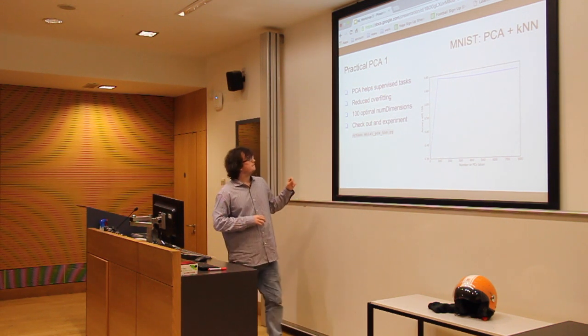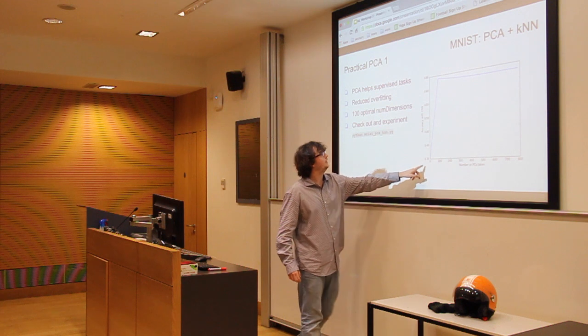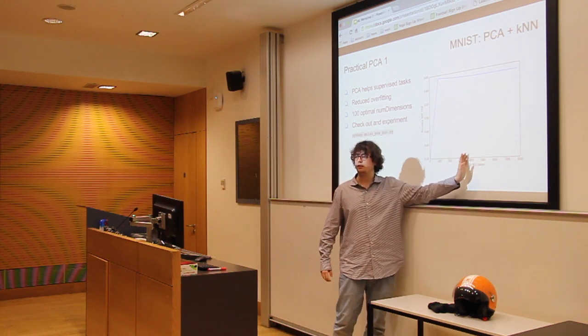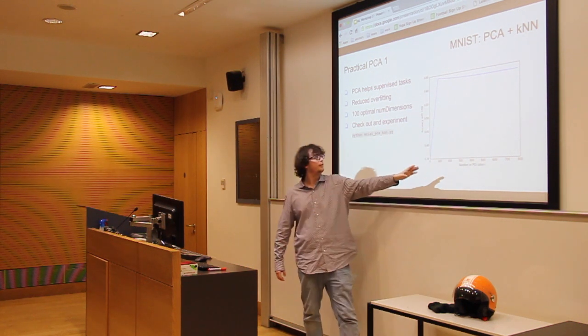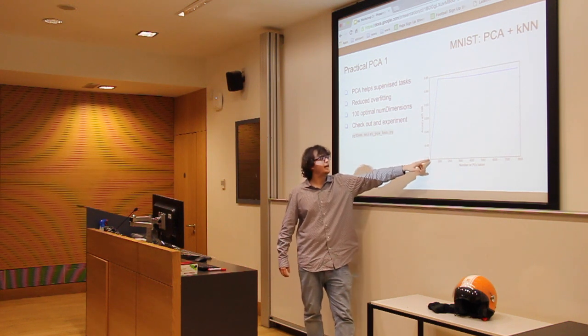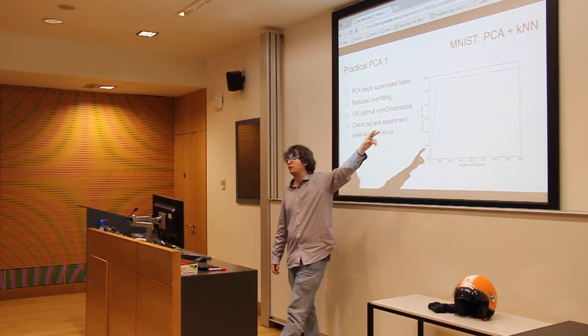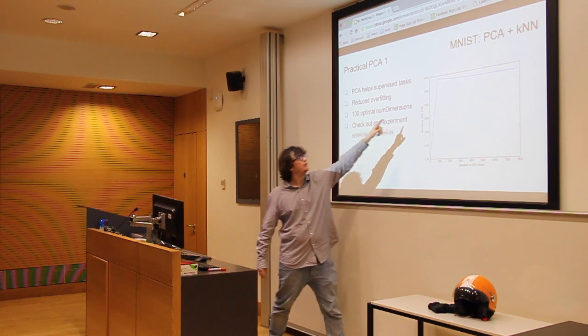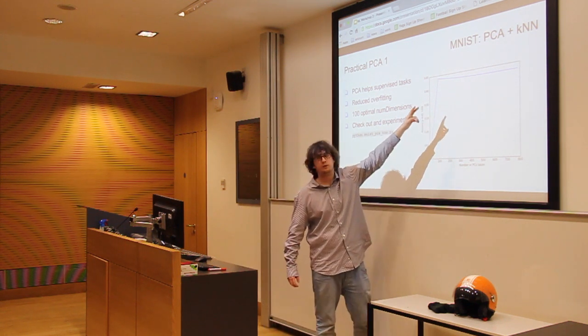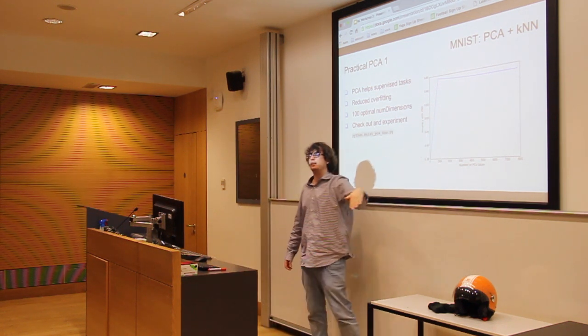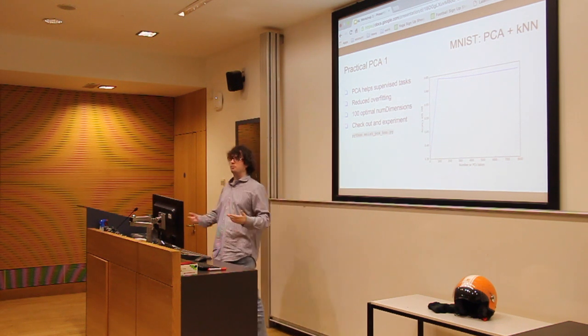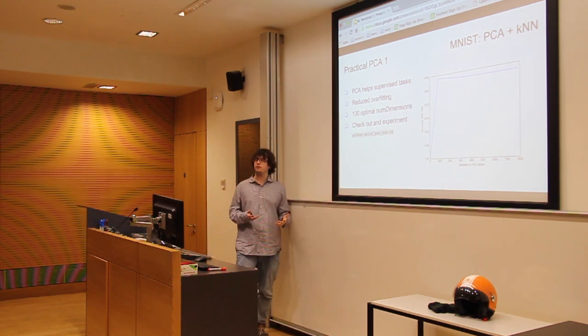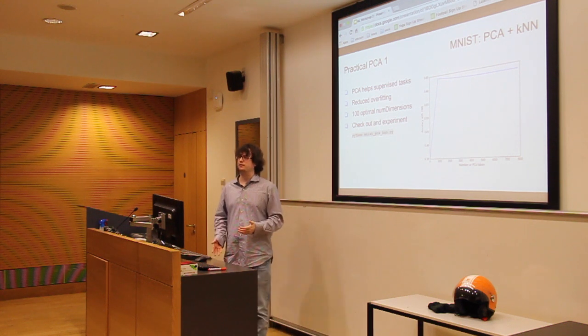I applied it to data which had been compressed using PCA at different levels. You can see that at the beginning, adding components results in a big increase in performance. But at a certain point, adding components makes the performance go down. So you are using, in theory, more data, a better image, and your performance actually goes down.